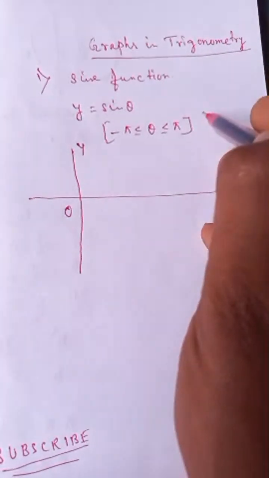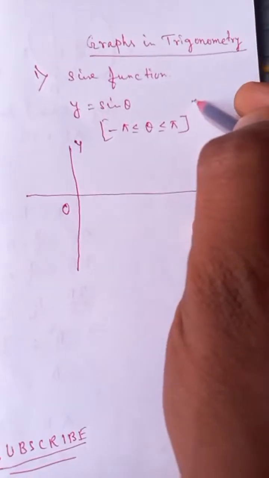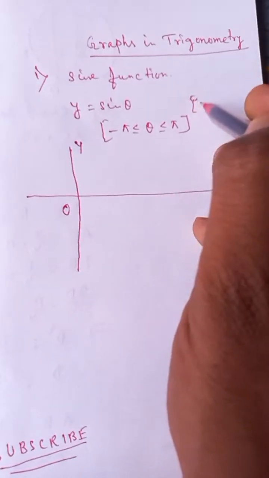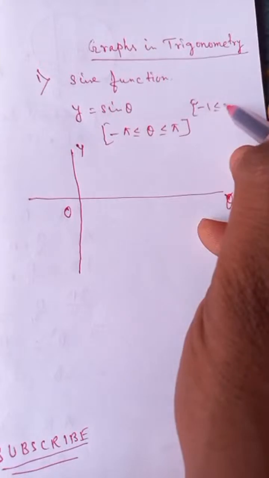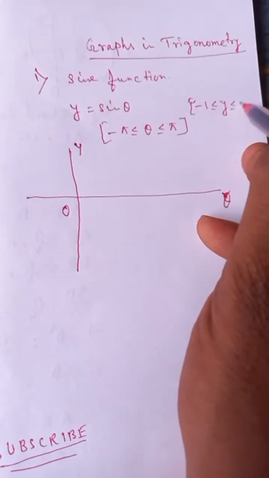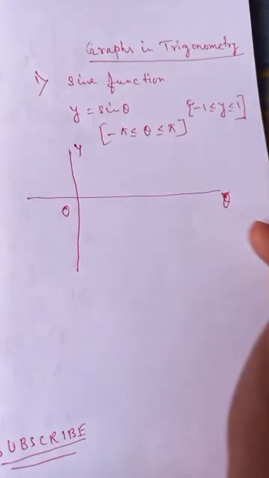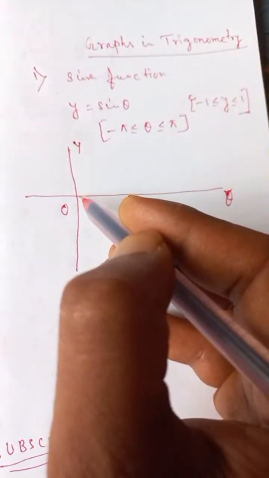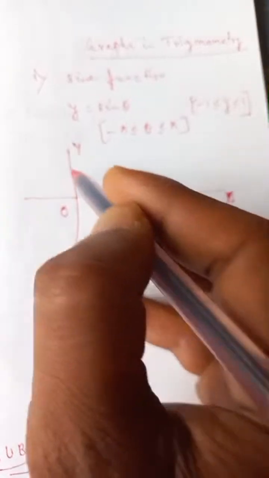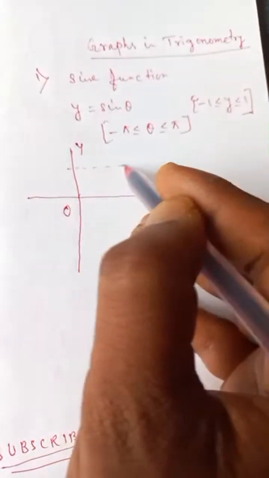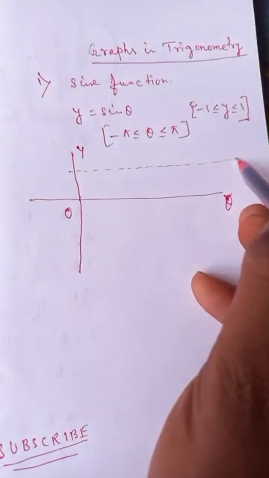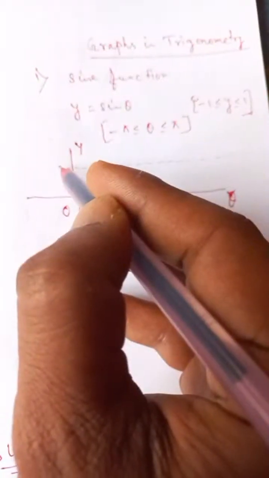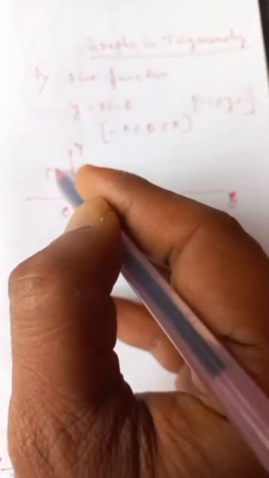Y's values vary from minus 1 to 1. So here it will be from 0 to 1, this is y 0 1.